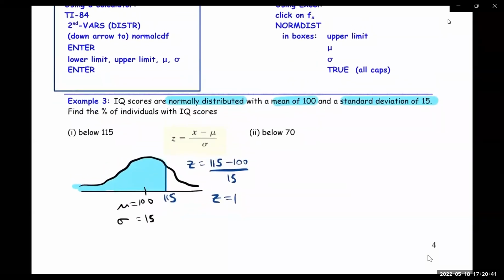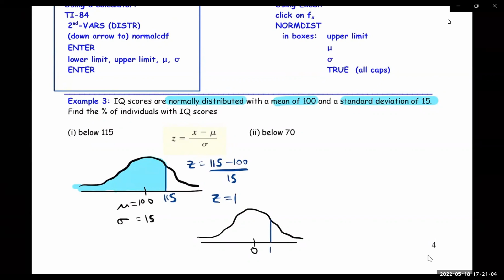All right, so now you could redraw the graph all over again. The same exact graph. This time the mean is 0, and the 115, we just converted it into a z-score. Wait, Mr. Hernandez, I'm sorry to interrupt you, but how did you get Z equals 1?